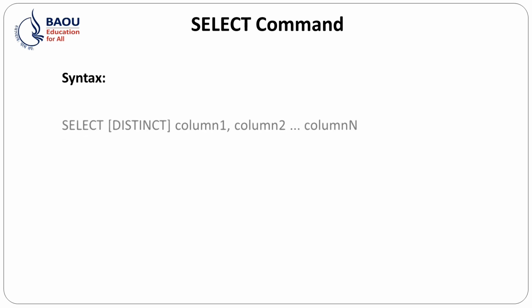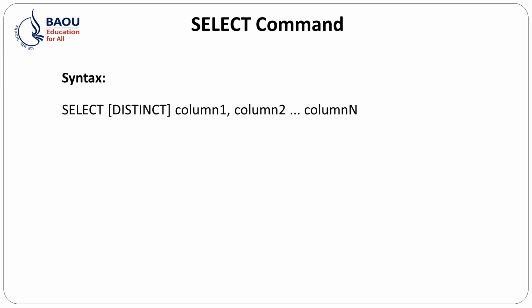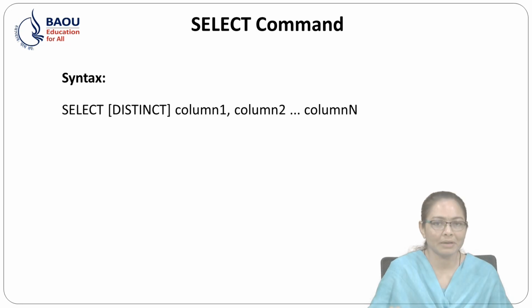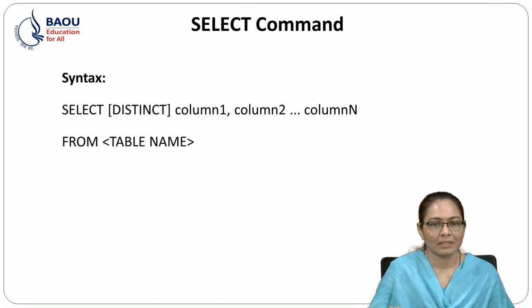Now, we will start with the select command. In the SQL select command syntax: select distinct column name 1, column name 2, up to column name n, from table name, where condition.